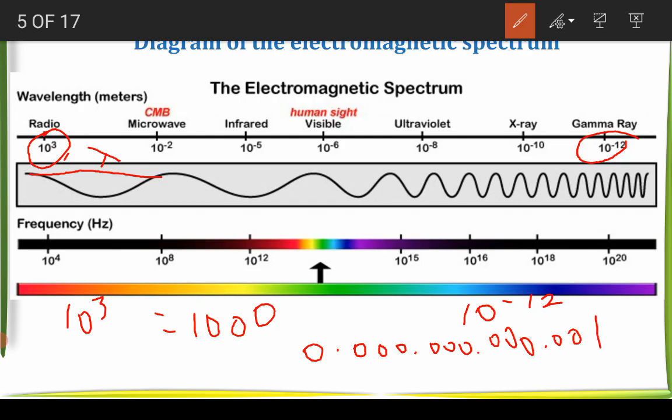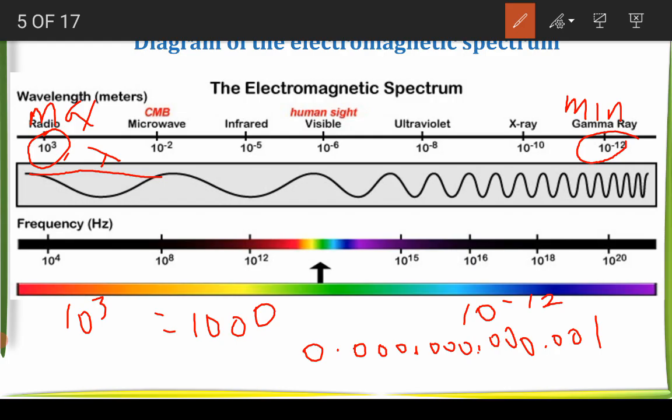This is a very, very small number. So we are saying the wavelength of gamma waves is very small. It's actually the minimum in this spectrum, while radio is the maximum, and all others come in between.